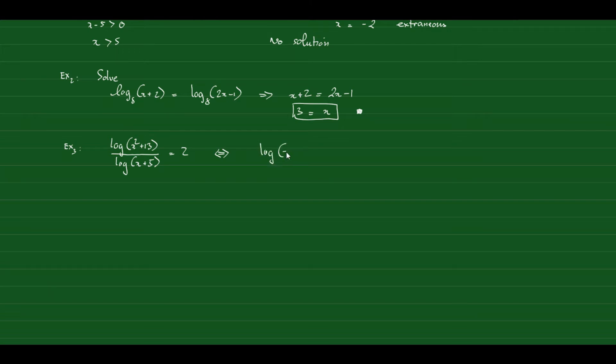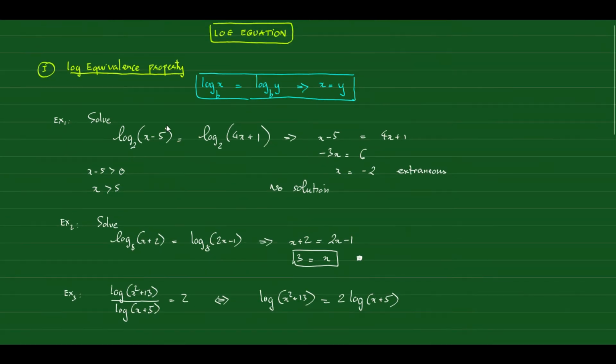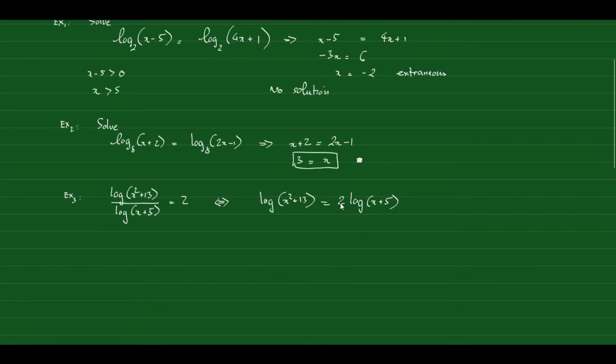So I will have this: multiply both sides by log base 10 of x plus 5, equal to 2 log base 10 of x plus 5. But if you notice, in order to apply the log equivalence property, in front of the log we don't want a coefficient, but over here we have the number 2. So what you have to do is kick the number 2 up here to become an exponent.